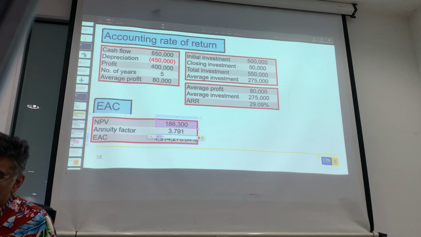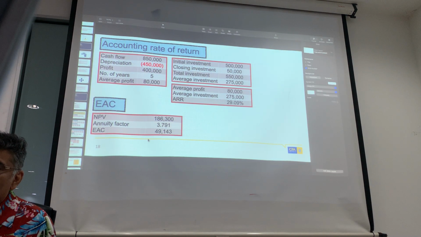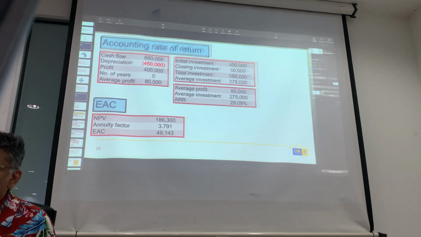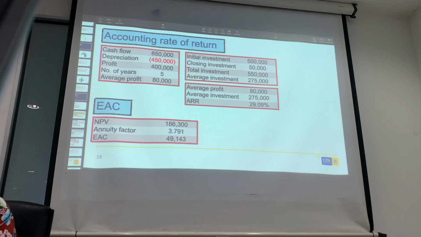Then this one you divide. EAC stands for equivalent annual cash flow. EAC is useful when you have two projects with different time periods being compared.